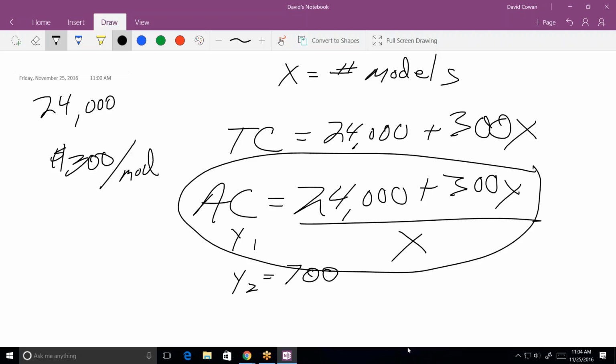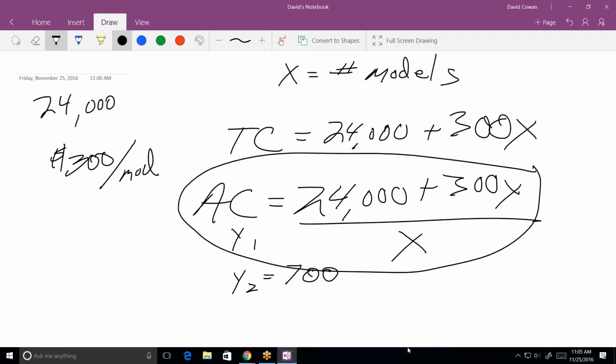If we printed 80 models, that would cost $24,000, and then our average cost would be around $600. So a little bit less than 80 is going to be the answer, just from doing it the rough way that I did.